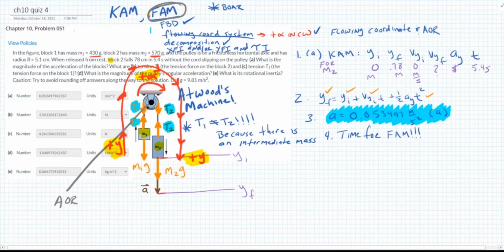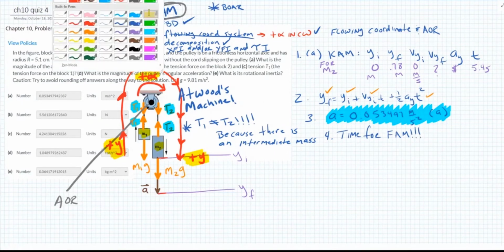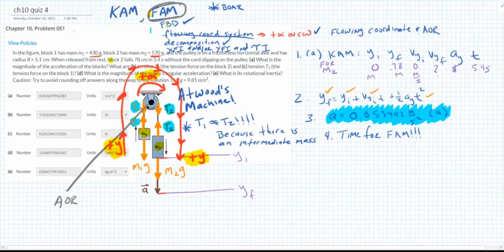I've done some of the lifting already. I did my free body diagram, I chose the coordinate systems, and I specified an axis of rotation. There's no decomposition. And now it's time for inventories.